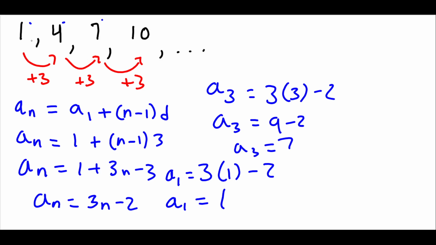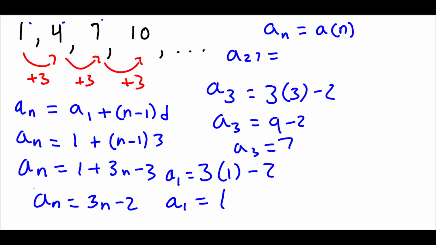Even though we can still find terms that are not listed in front of us, we know that it keeps on going and going. So we could find even the 27th term. So a sub 27. Remember, when we say a sub n, that implies a of n, if you think of it in function notation.